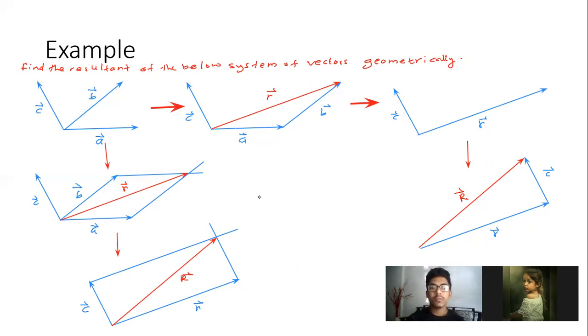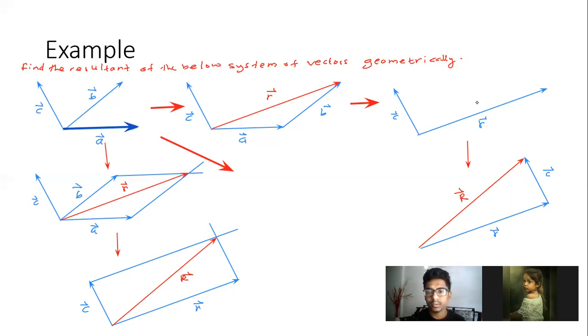And now here, I'm going to do another method to find this R. Okay, I take this vector system and I'm going to do this. Look carefully. Let's take, I draw the A vector.